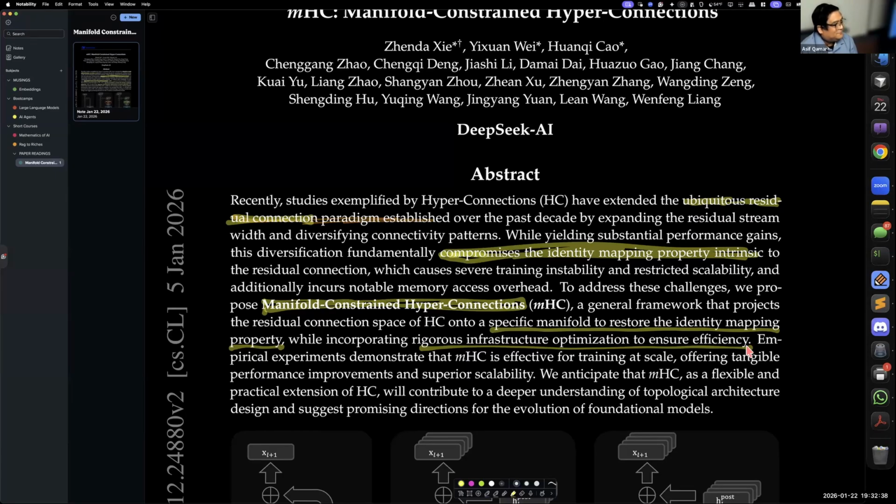You don't pay in infrastructure overheads or in compute overheads or memory overheads. The cost is marginal, just about 6-7%. So you get a substantial gain in model performance for a marginal increase in cost. That is what the paper is all about. And it is very much in the DNA of DeepSeek.